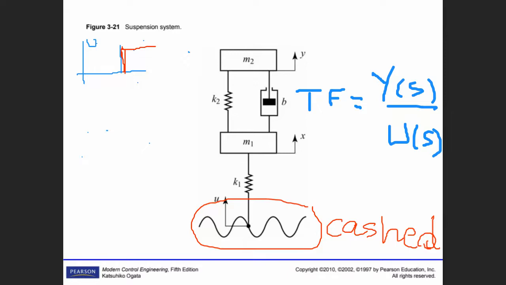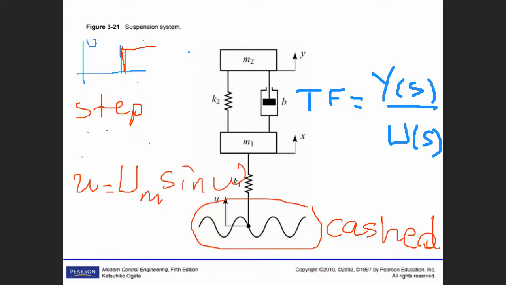So if that one is something like this, that means the function u for that one is step. For this one, however, u is u max sine omega t, a sinusoidal function.